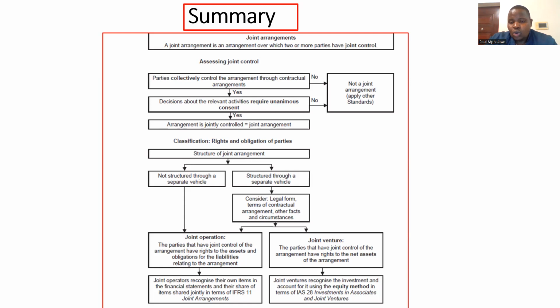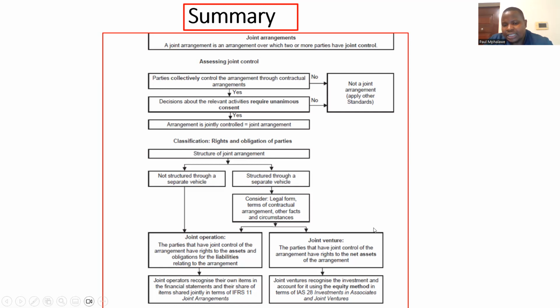Okay? So just to summarize, what are we saying? A joint operation is an arrangement where the parties that have joint control of the arrangement have the rights to the assets and the obligations for the liabilities relating to the arrangement.